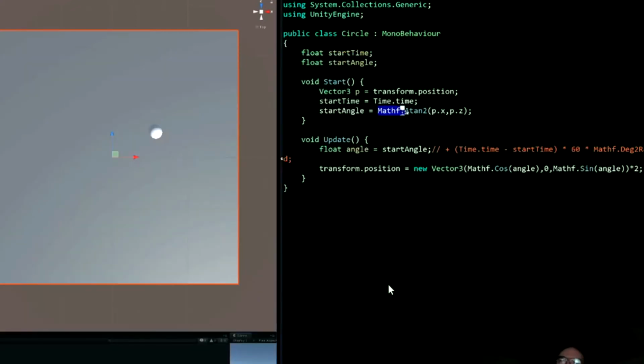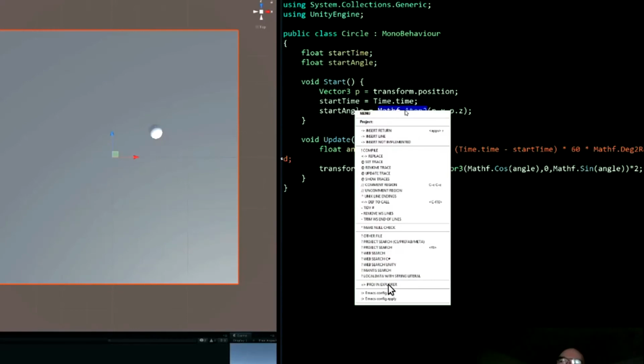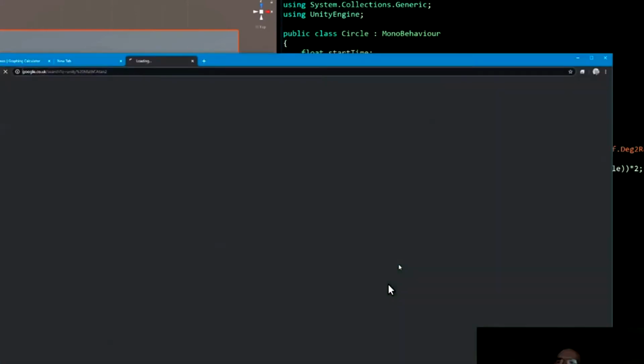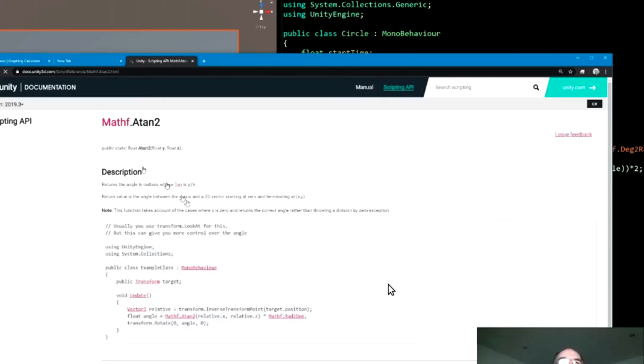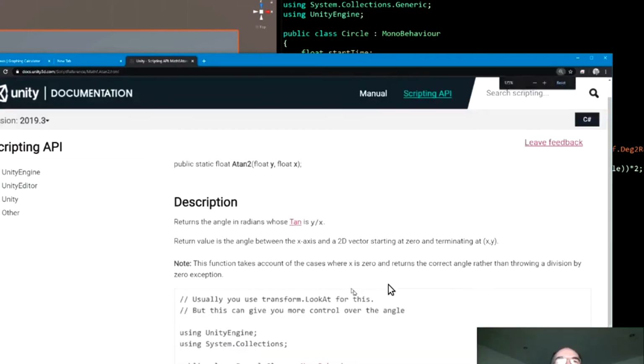So at some point, this happens. You feel compelled, actually I have a thing in my editor for this, you feel compelled to look up the ATAN2 function definition.